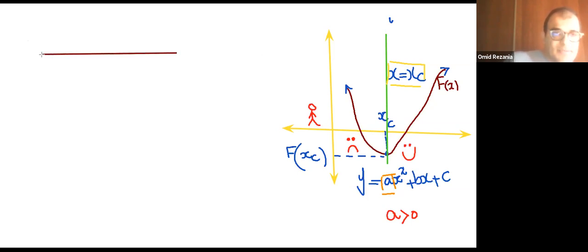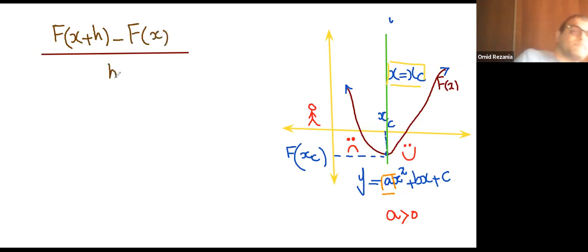We talked about that yesterday, with some interesting focus on a piece of a function. We saw that the line that we are getting is given by this function, f of x plus h minus f of x, divided by h.